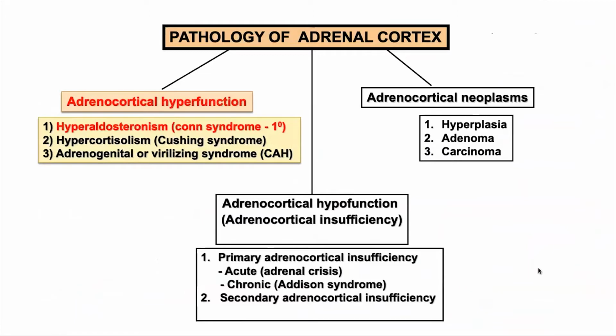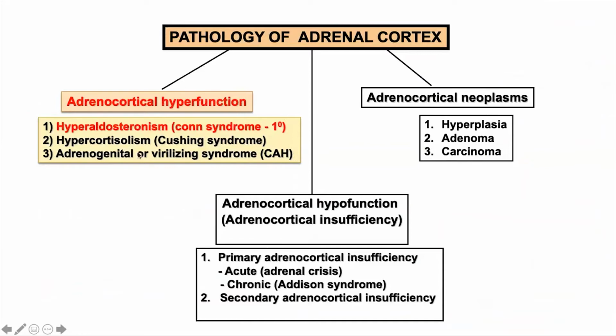Basically, these are the things that we need to cover for today. Within 1 hour, we need to cover adrenocortical hyperfunction, hypofunction, and neoplasm. The most important one is hyperfunction because we have 3 zones just now.